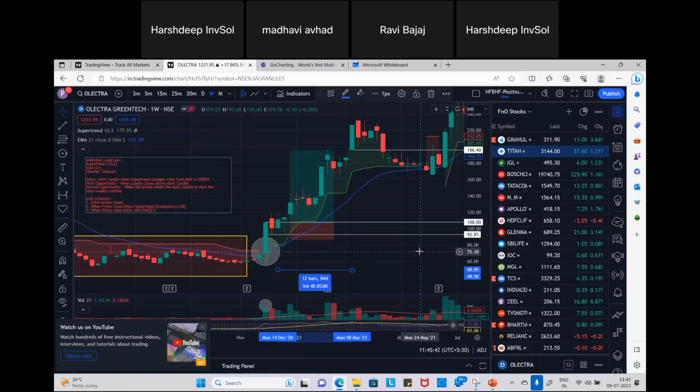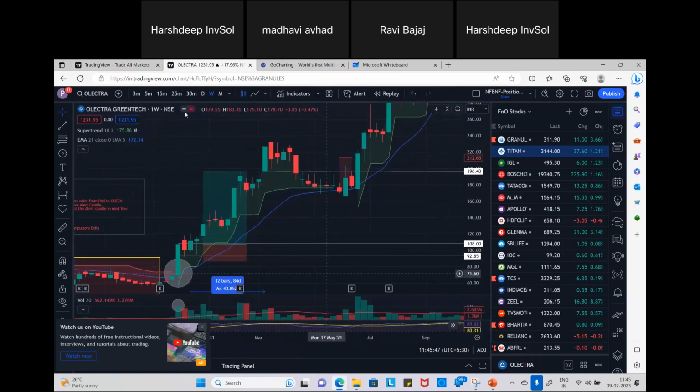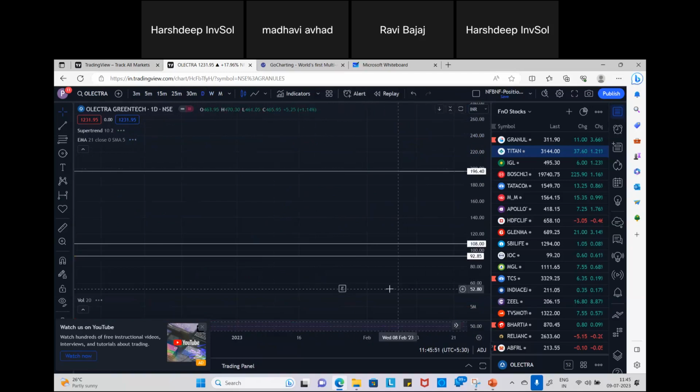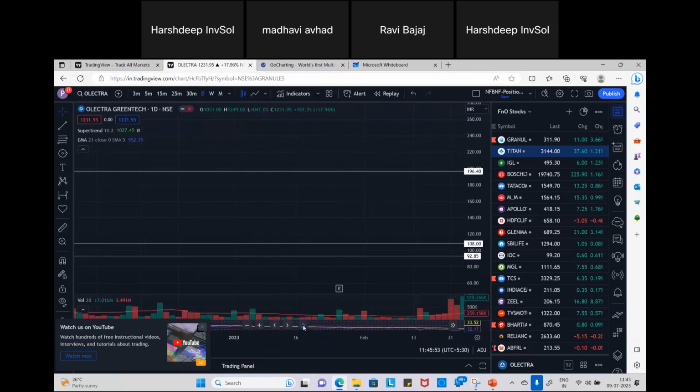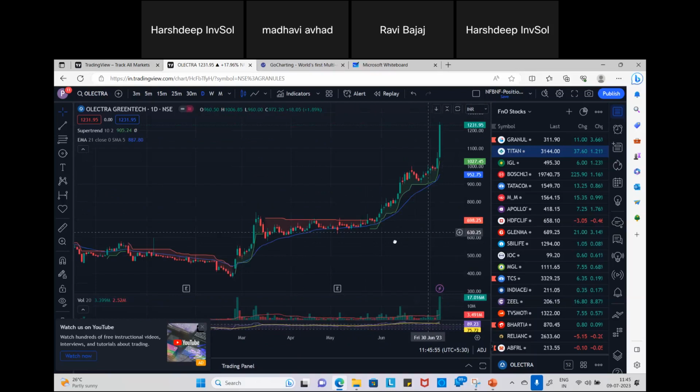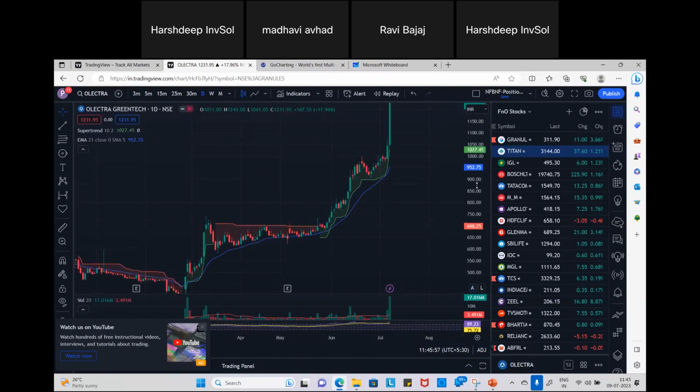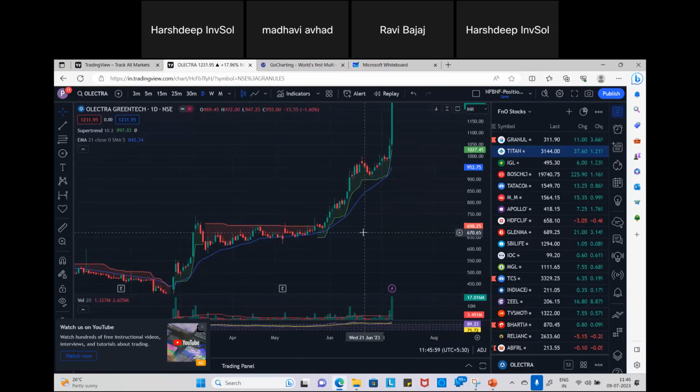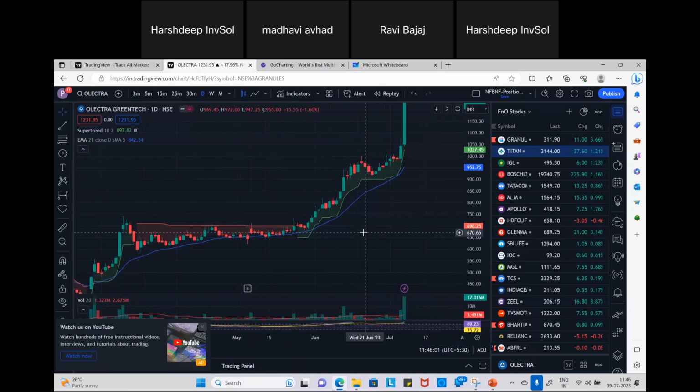Okay, now what we will do is we will also look at the current price action which is on daily basis. So let us refresh. So I have been seeing this since quite some time, this Electra Green Tech company. Now what has happened is this candle which has opened gapped up, okay, but closed red.